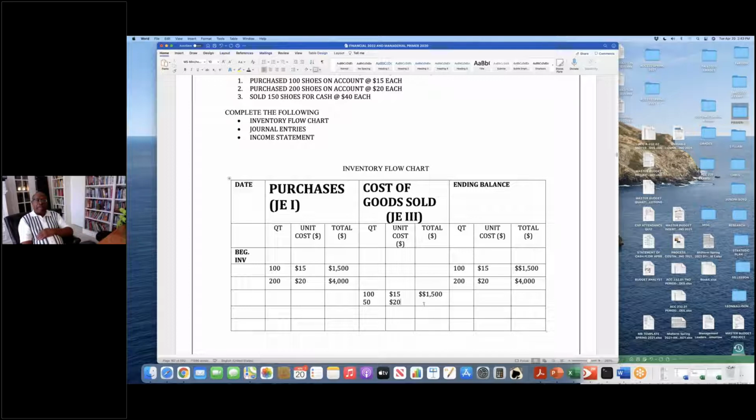So 20 times 50 is what? What's 20 times 50? What's 5 times 2? It's 10,000. Wait, 1,000.